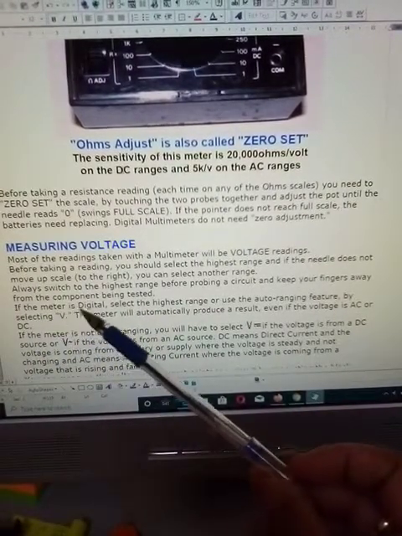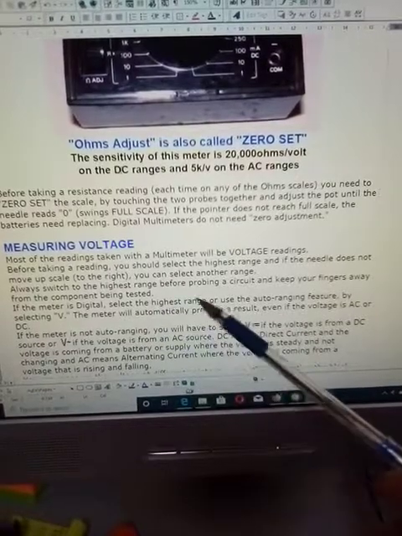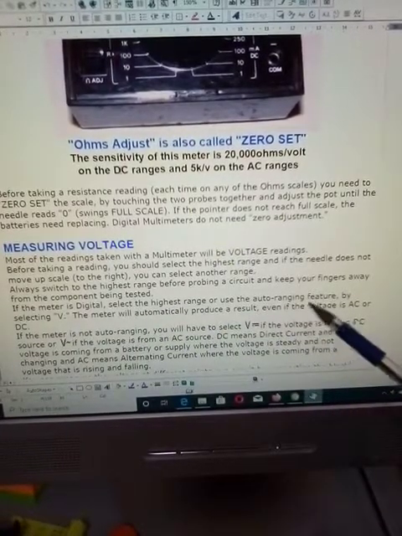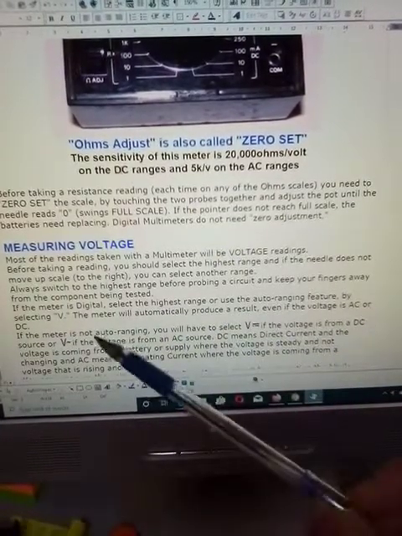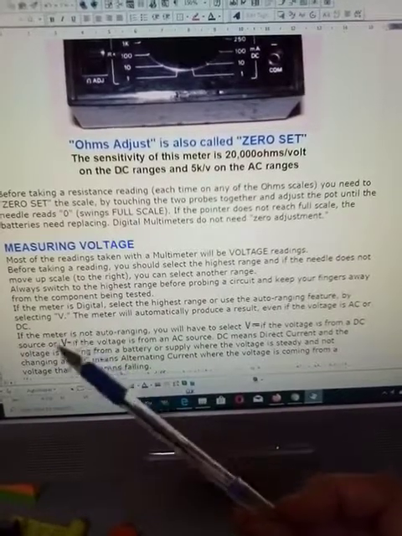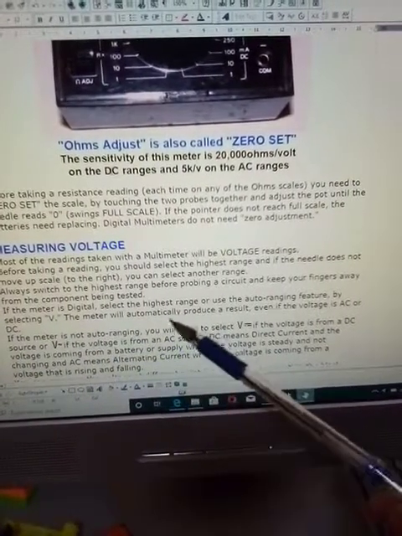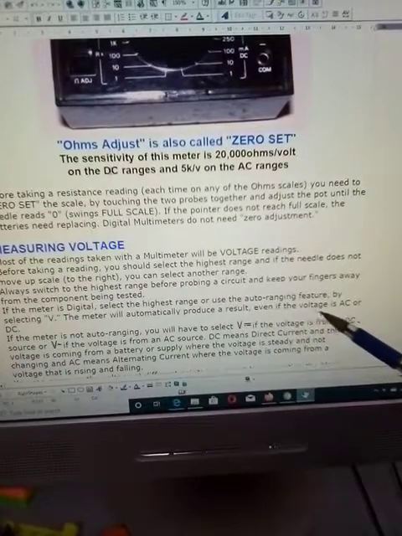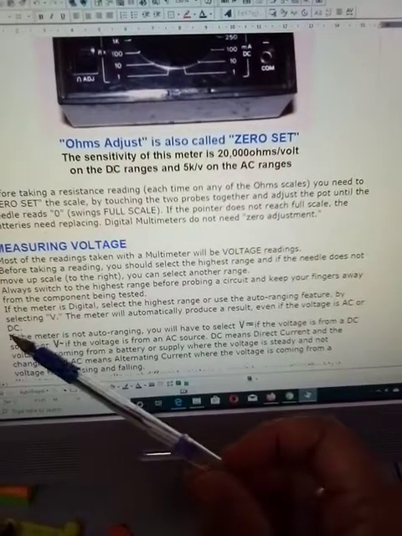If the meter is digital, set the highest range or use the auto ranging feature by selecting V. The meter will automatically produce a result even if the voltage is AC or DC. Okay.